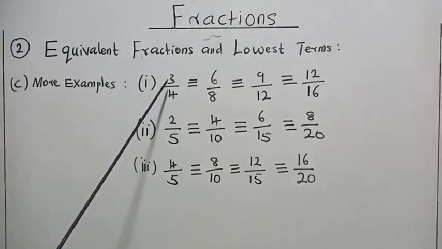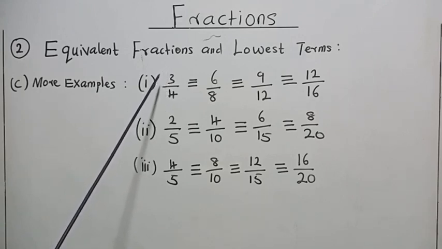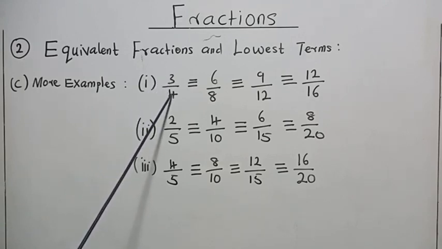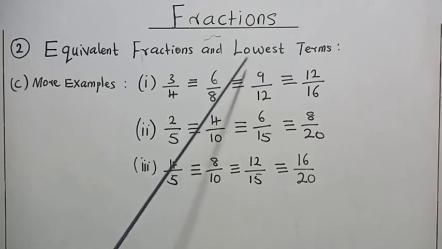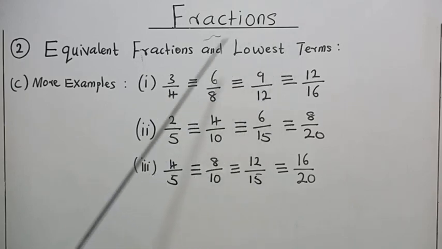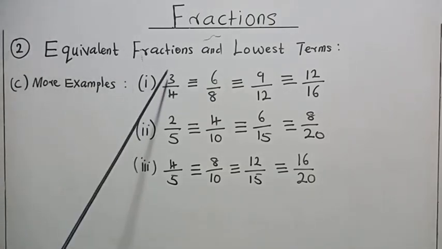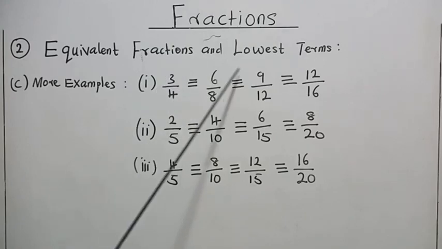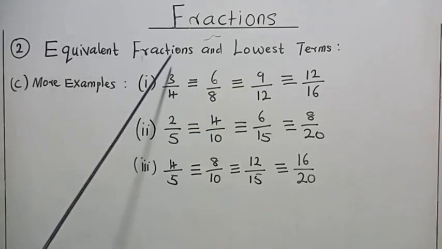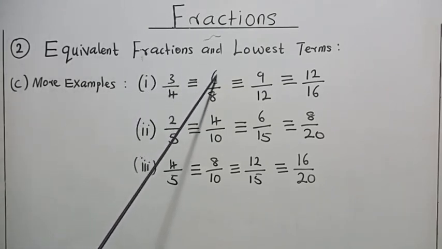The first one is about creating equivalent fractions from 3 over 4. All of these fractions are equivalent to one another and to 3 over 4. 3 over 4 is equivalent to this, this, and this. As we have been taught before, something happened to 3 to make it become 6.